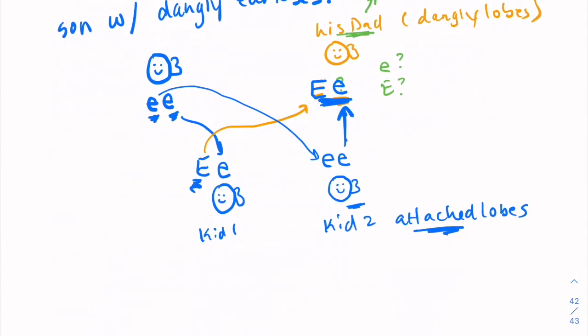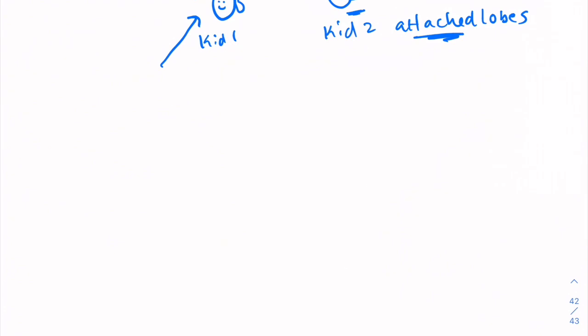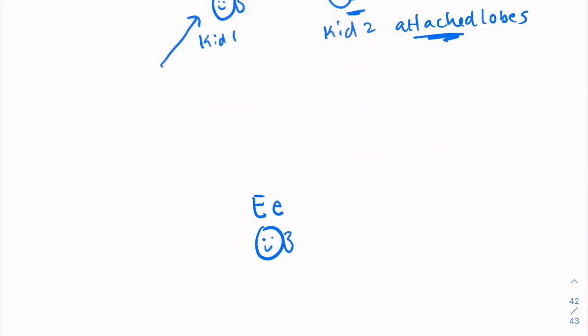When you see someone, like let's look at kid 1 right here, dangly lobes, say he's heterozygous in this case, we get one allele from one parent and one allele from the other.